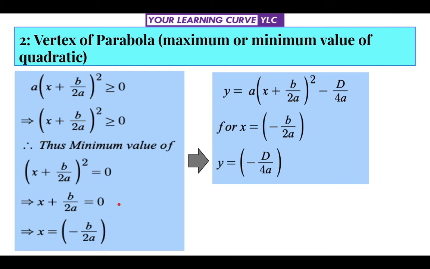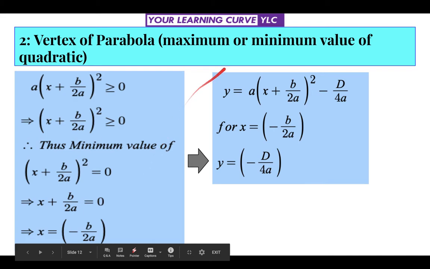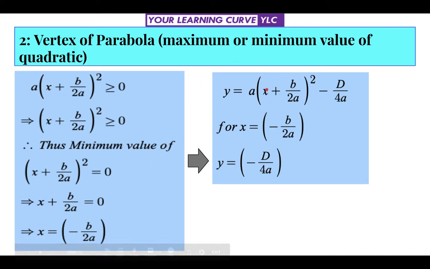Now for x equal to -b/2a, what is the value of the function? We put this value in the function. So if we put x equal to -b/2a, this -b/2a plus b/2a gets cancelled, becomes 0. Y is equal to -D/4a. So for x equal to -b/2a, that is the point where it attains the minimum or maximum value, y is -D/4a.